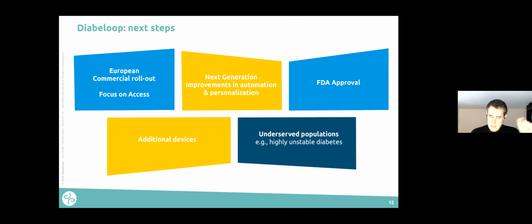And that clinical trial, the way we designed the system, the way we designed the algorithm, the way we designed the UI, was very largely inspired by how the DIY community designed and tweaked their system, be it Android APS or OpenAPS mostly, Loop a little less, so we're not that closely in contact with the people from Loop, but OpenAPS, Android APS for sure, Nightscout, and how they tweak the system to their needs.